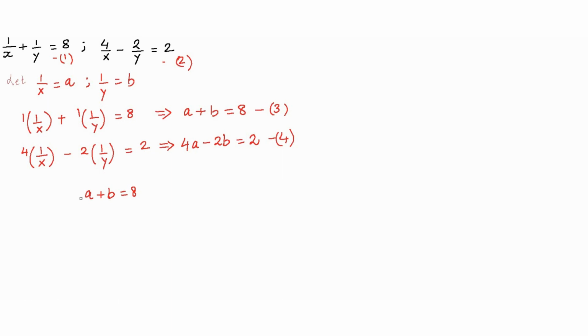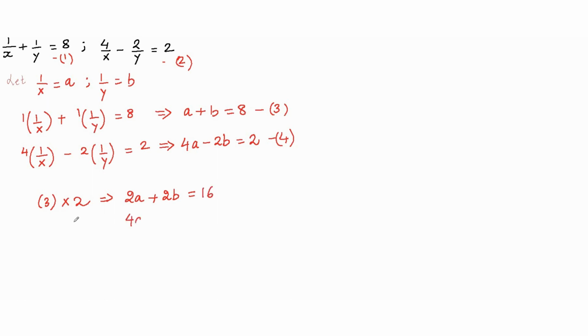I am multiplying the third equation by 2. So when the third equation is multiplied by 2, it becomes 2a plus 2b is equal to 16, right? So 2a plus 2b is equal to 16.